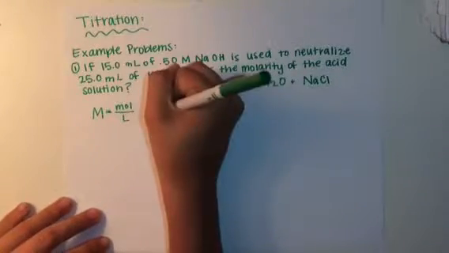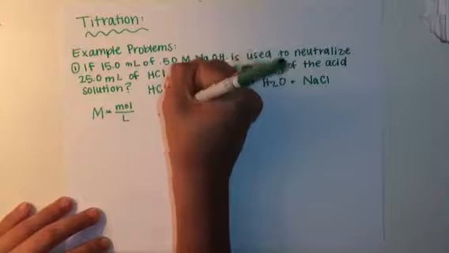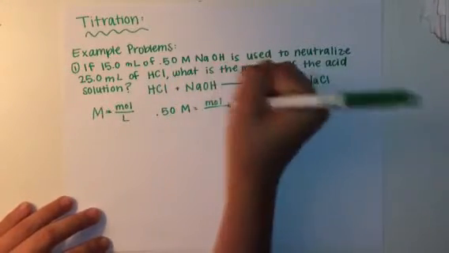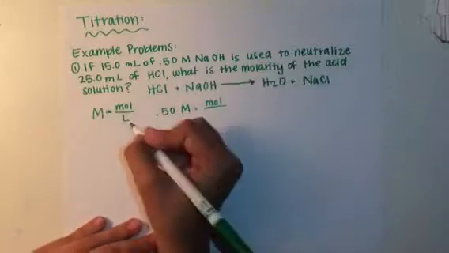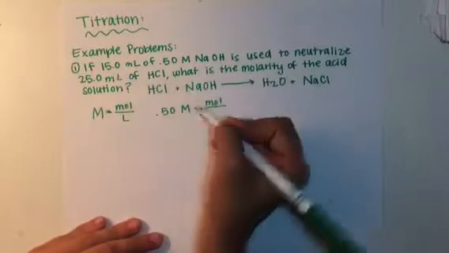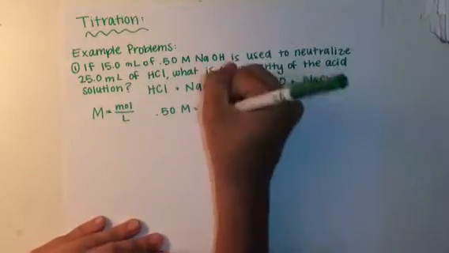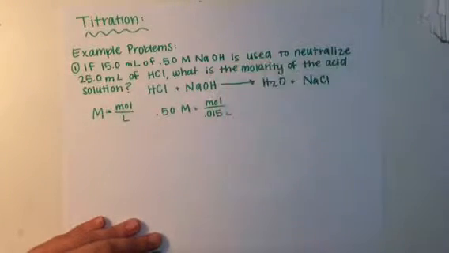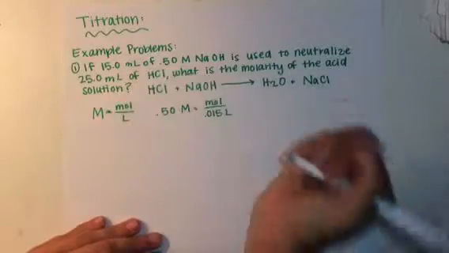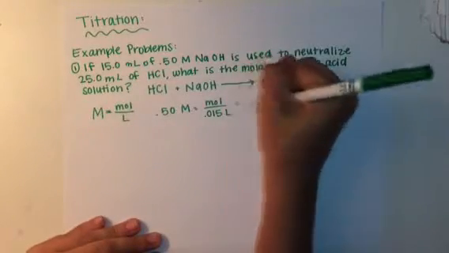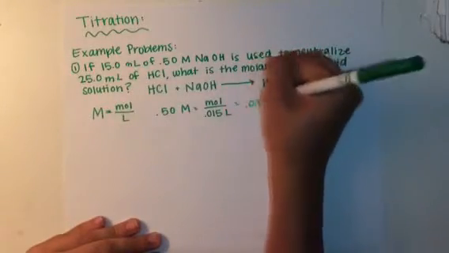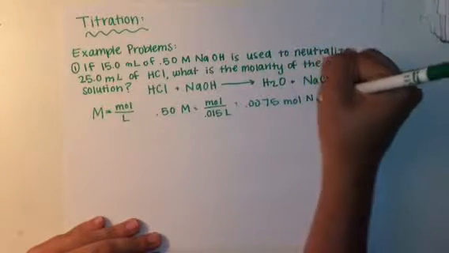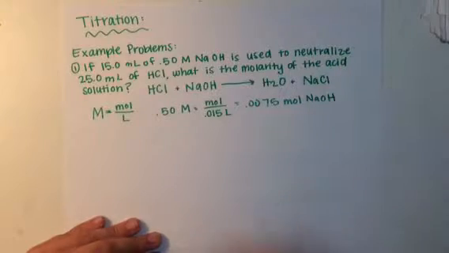So 0.50 molarity equals moles over liters. We're not going to put 15.0 here; we have to convert it to liters, so 0.015 liters. That equals 0.0075 moles of NaOH.